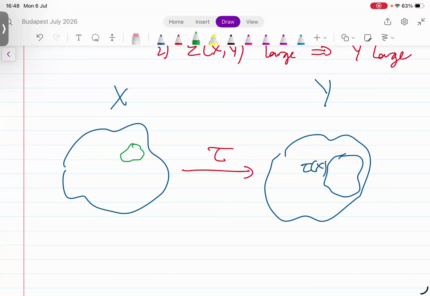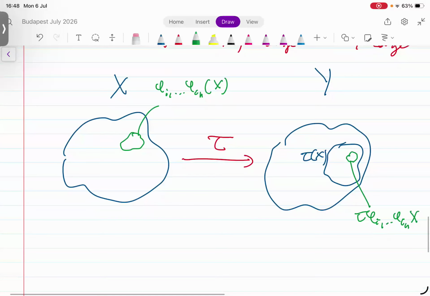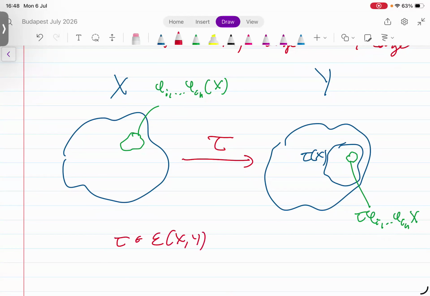I can look at a cylinder set, phi I1 up to phi IN of X. And since tau pushes all of X into Y, it also pushes the cylinder set into Y. So here I have tau of phi I1 up to phi IN of X. So we showed that if tau is an embedding, then for every choice of the indices I1 up to IN in capital I, also tau of phi vector I is an embedding.